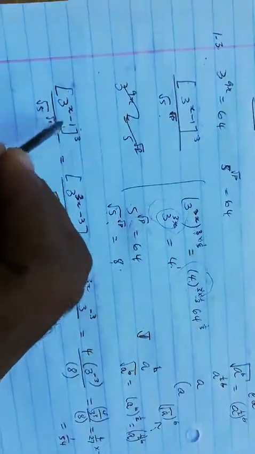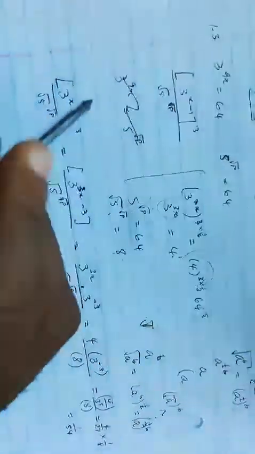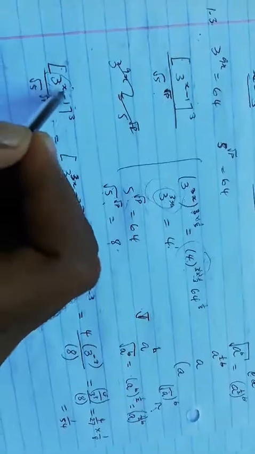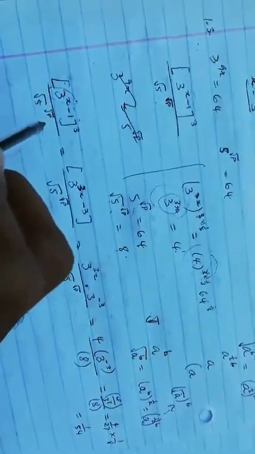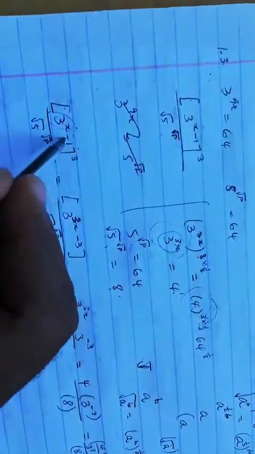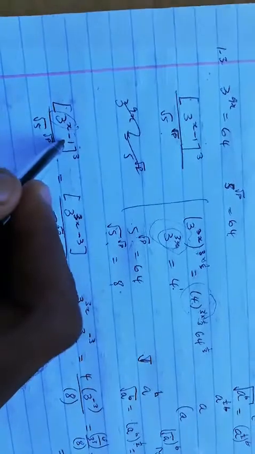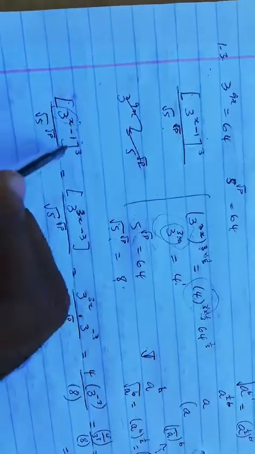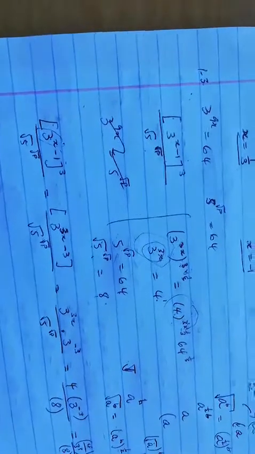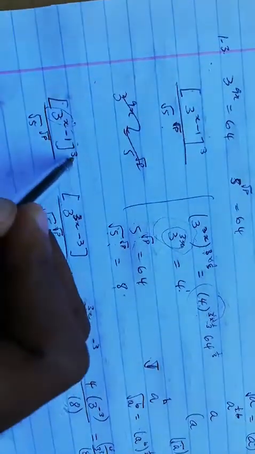To get there, you can't just substitute. You can't just say we have that, and that's 4. No, it doesn't work like that. You're going to have to reverse the rule that said when you multiply the same bases, you add the exponents.